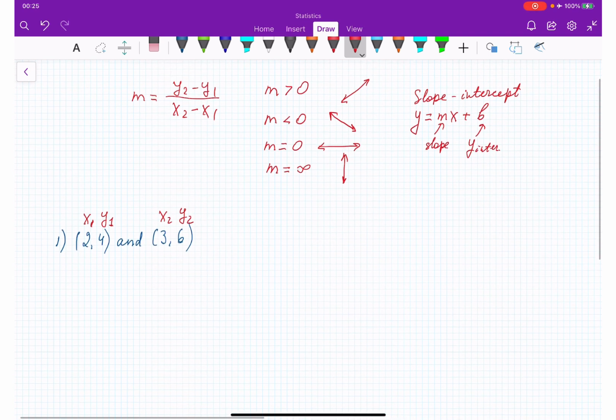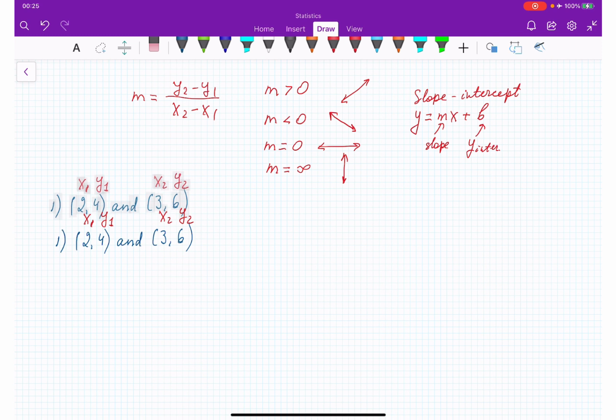Okay, so we can start working on this problem. So we accepted that 2 and 4 is x1, y1, and 3 and 6 is x2, y2. And our goal is to find the slope. So M is equal, based on the formula, to y2 minus y1. y2 is 6, so 6 minus 4, over 3 minus 2.